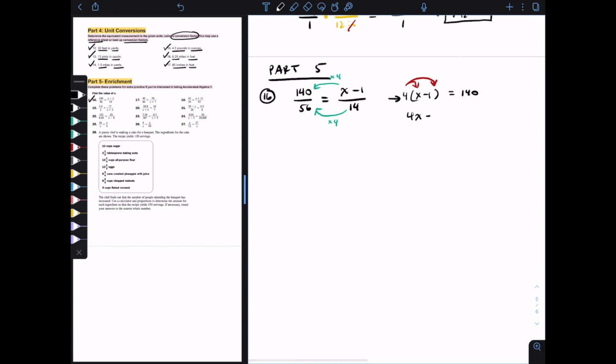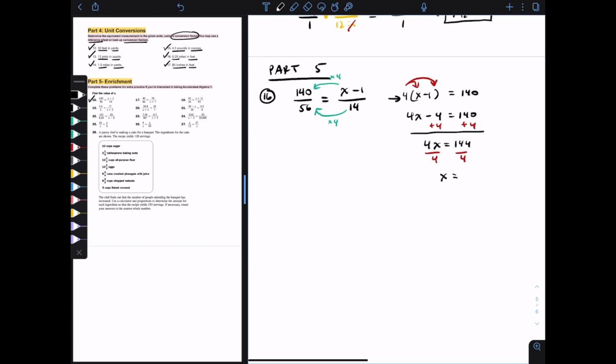We'll get 4x minus 4 is equal to 140. Now this is just a two-step equation. We can add 4 to both sides. By adding 4 to both sides, we can say 4x plus 0, which I won't write, is equal to 144. Using the identity property, and then using the division property of equality, we can divide both sides by 4 and say x is equal to, I think that's equal to 24.